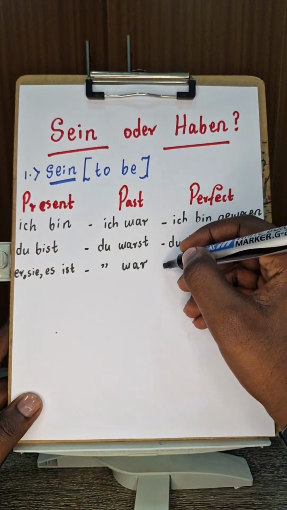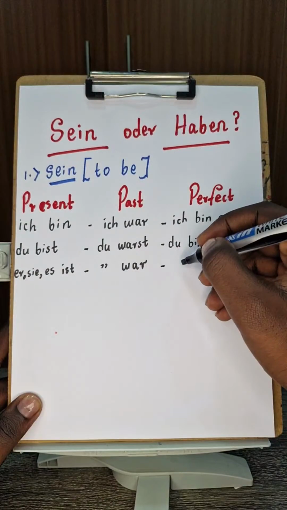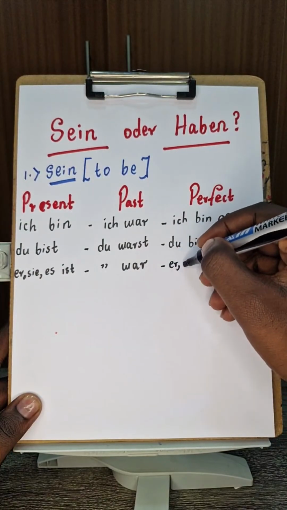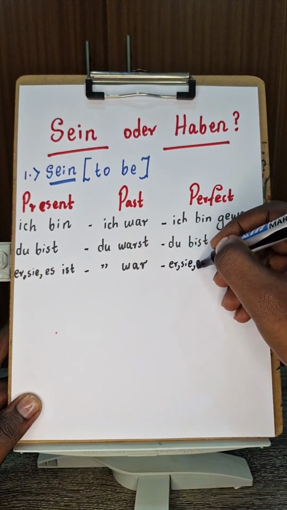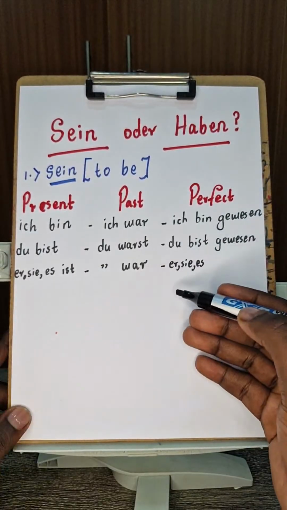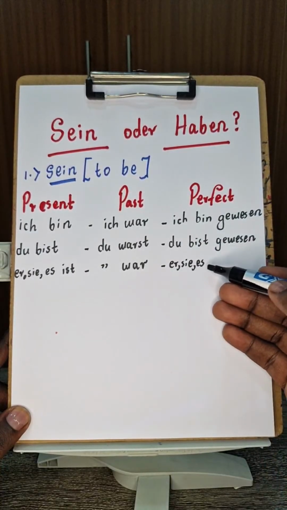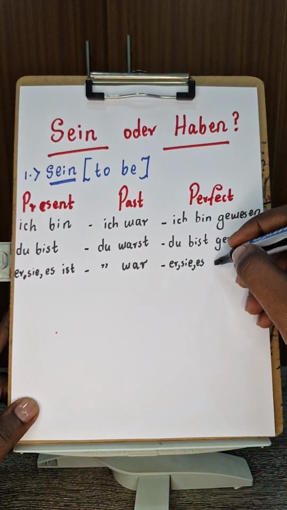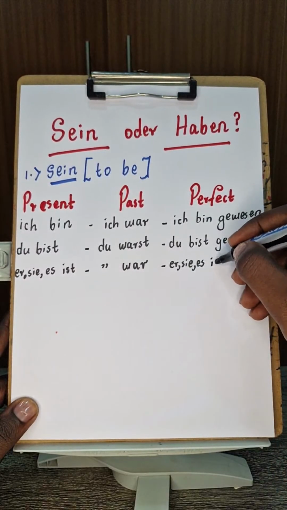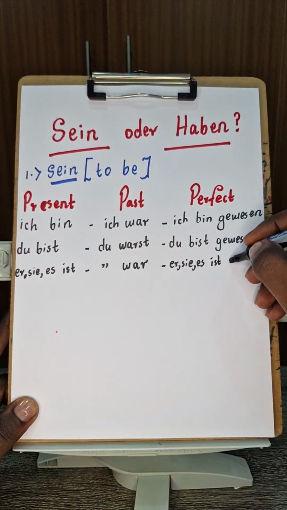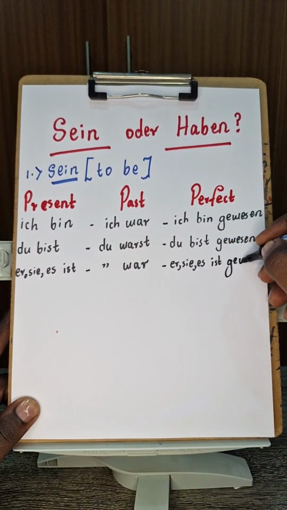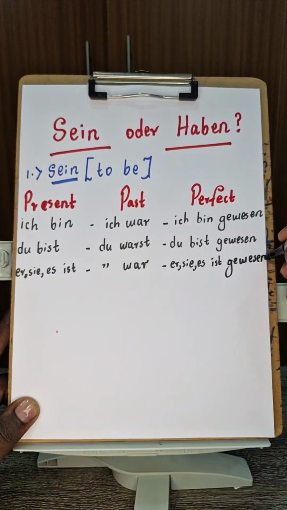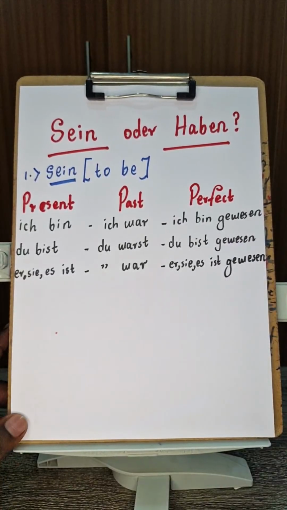And then in the perfect, we say er, sie, es. For this er, sie, es, I simply mean he, she, it. So: er, sie, es ist gewesen, he, she, it has been.